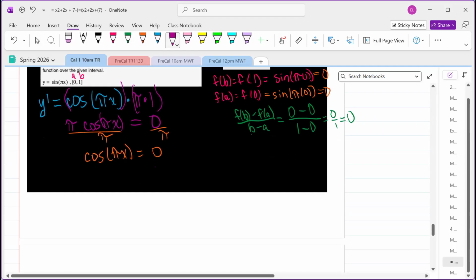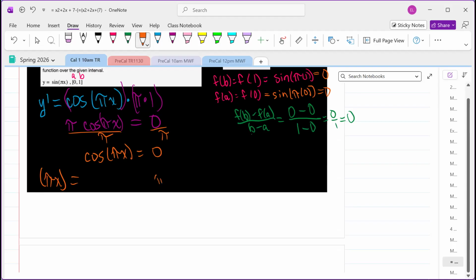So when I'm solving this trig equation, I've got the inside pi x equals those two angles that I just figured out from the cosine graph. I could also pull them from the unit circle. So cosine is 0 at pi over 2 and at 3 pi over 2.